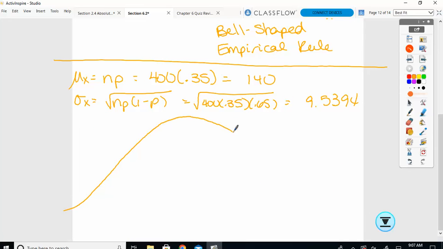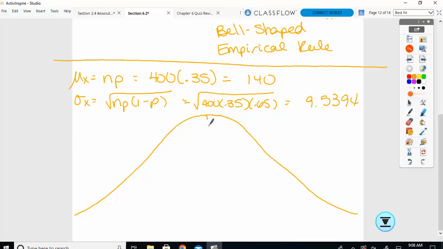So if we had that, when we talk about the empirical rule, oh, that's really not a very good bell curve, is it? The mean was the center.